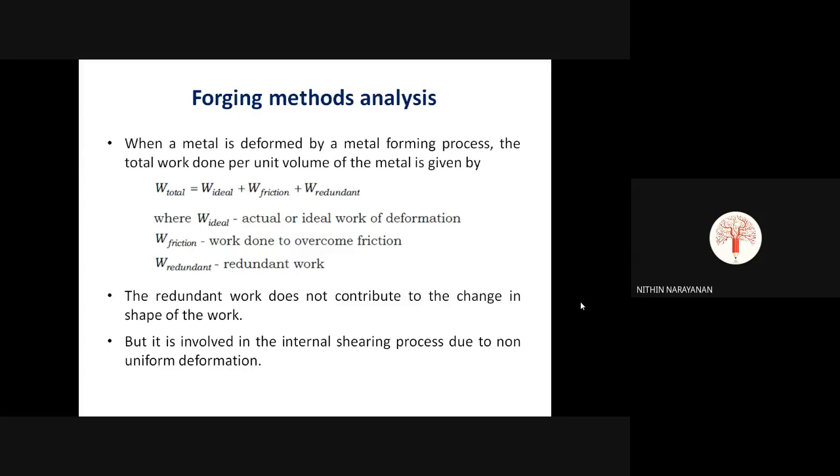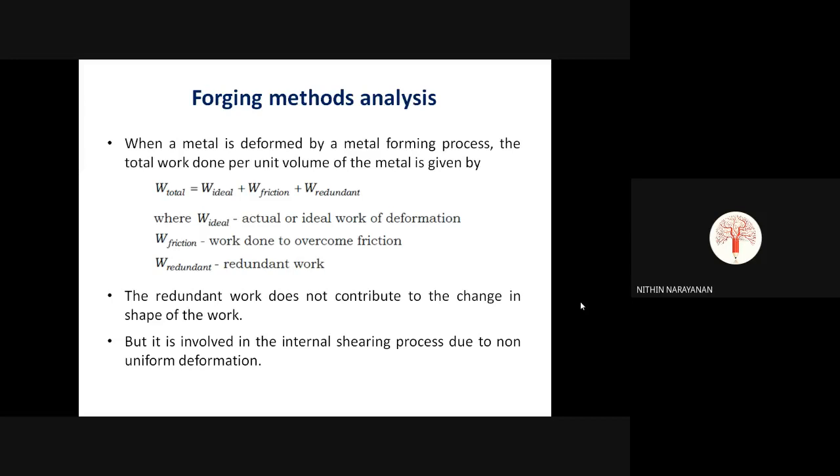All these processes are metal forming processes. We are shaping the metal into different forms, so we need to apply compressive forces here, right? We are applying compressive forces in order to change the shape of the material.